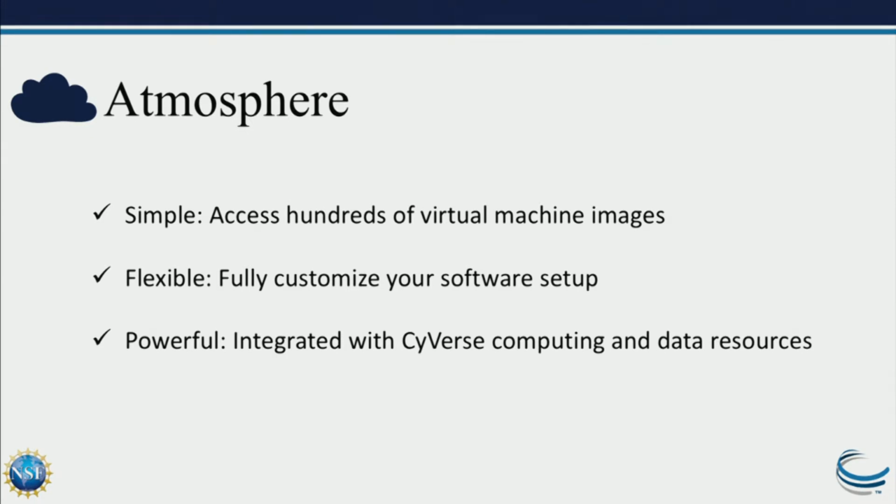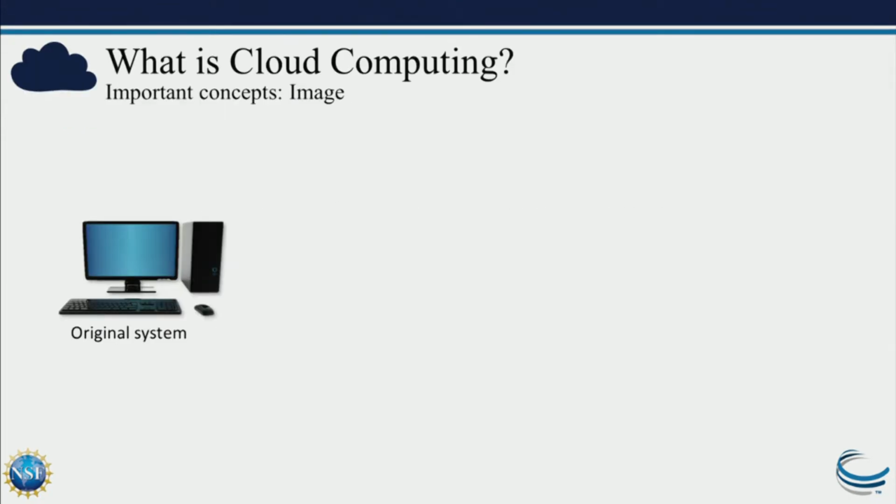It's a fully customizable way to work with your software, and it's integrated again with our other data and computing resources. First, I should explain two pieces of jargon vocabulary concerning cloud computing.